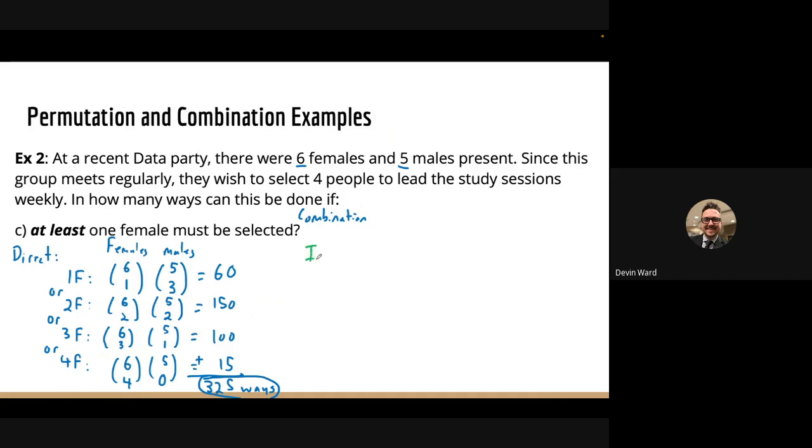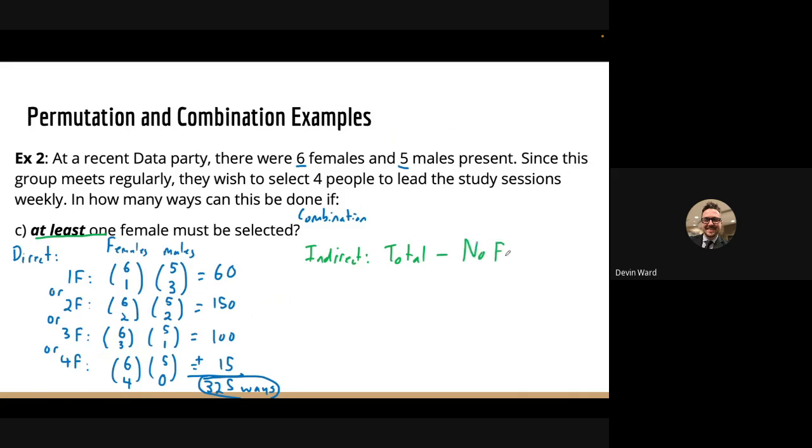But I also want to show you the indirect method because whenever we have at least 1, indirect is going to be faster. Okay, so what we're going to do is do the total and then subtract when we have no females.